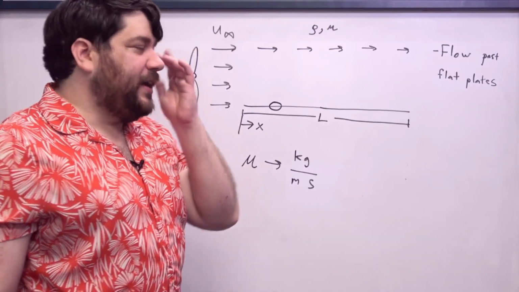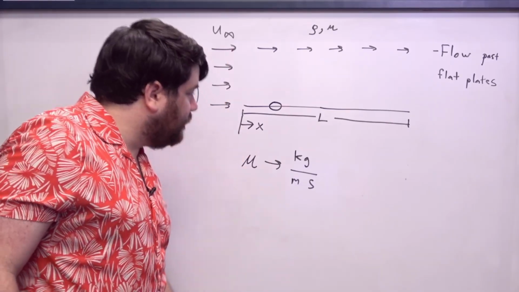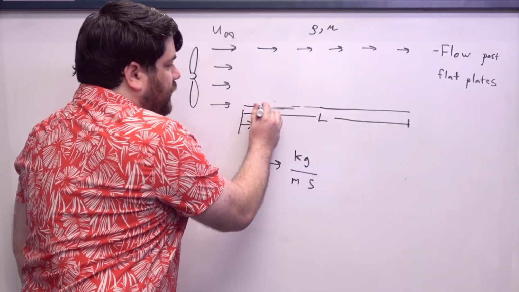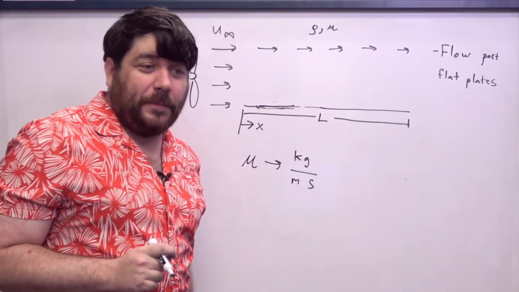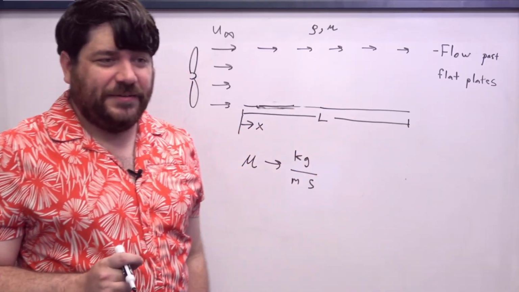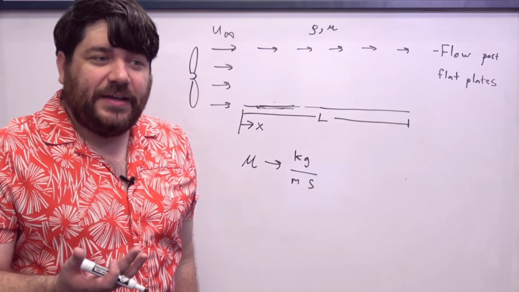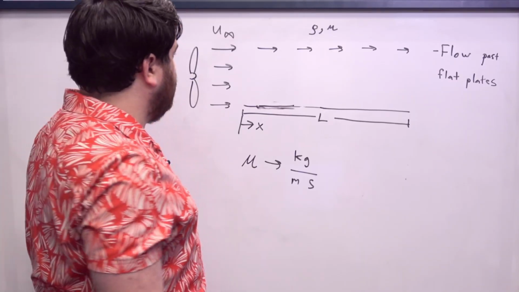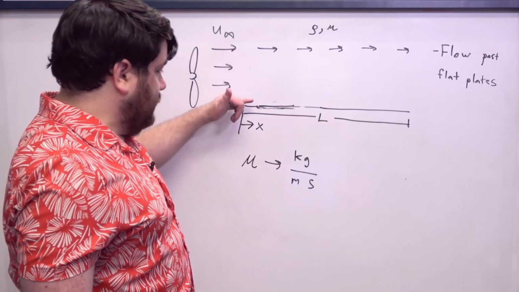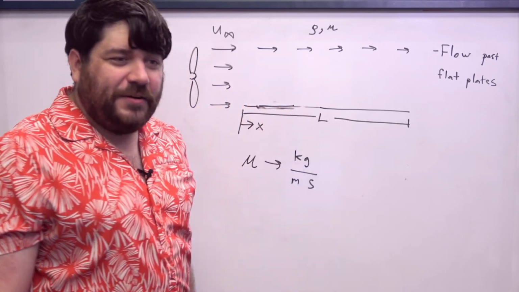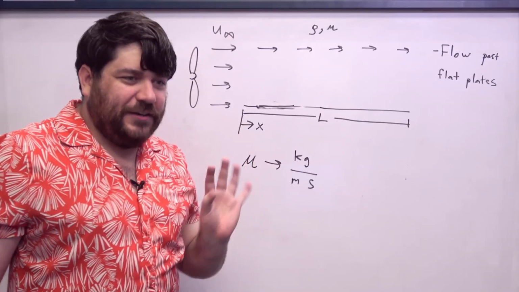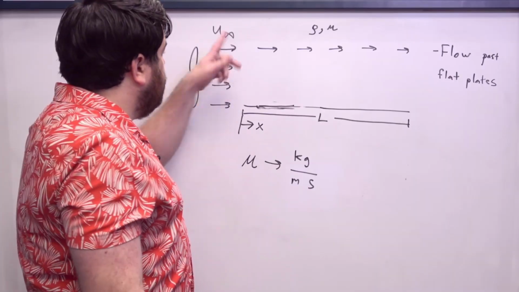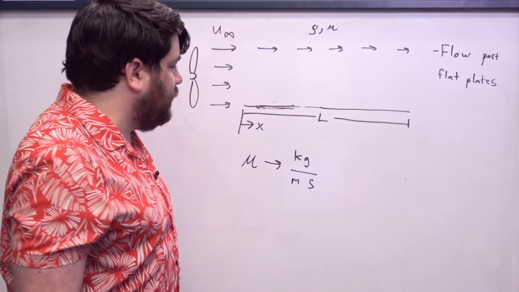And so what that means is that as this liquid hits the plate, the speed of that flow is going to become effectively zero, at least on the plate, all right? And what that will do is cause a velocity gradient, right? Because the speed has to go from zero here at the plate all the way up to the unperturbed background speed that is caused by the propeller or whatever, u infinity, as we go further and further up, okay?